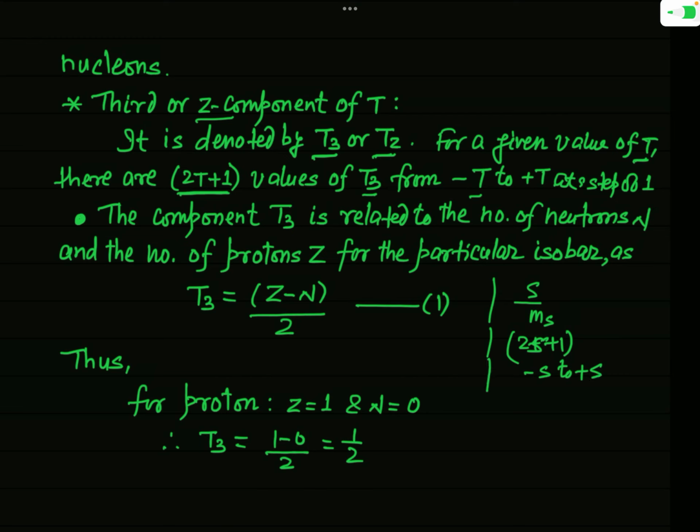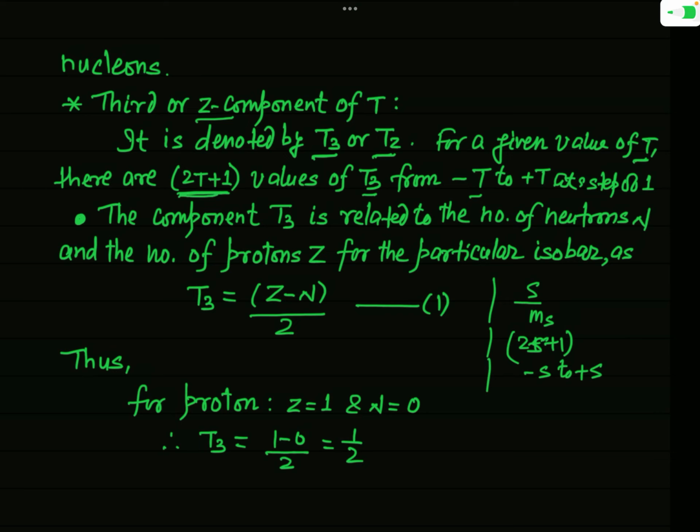In a similar manner, for a given value of isospin quantum number T, there will be 2T plus 1 values of T3, from minus T to plus T at a step of 1. You will see how the value of T3 can be decided when we know the value of T.